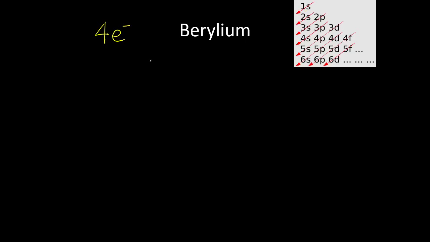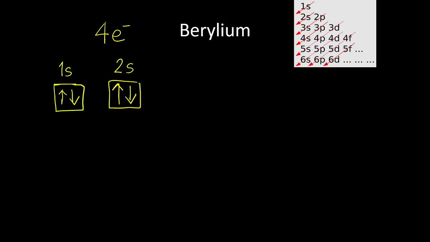First, the orbital diagram. I start with 1s. So I have 1s here. 1, 2. Next is 2s. I have going up, going down.